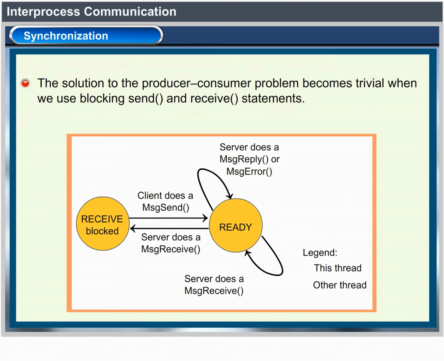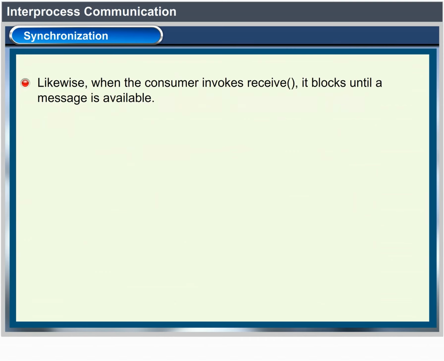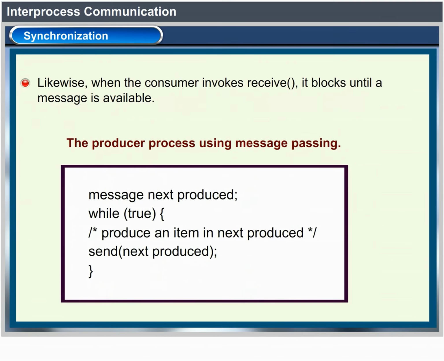The producer merely invokes the blocking send function call and waits until the message is delivered to either the receiver or the mailbox. Likewise, when the consumer invokes receive function, it blocks until a message is available. The producer process using message passing. The consumer process using message passing.